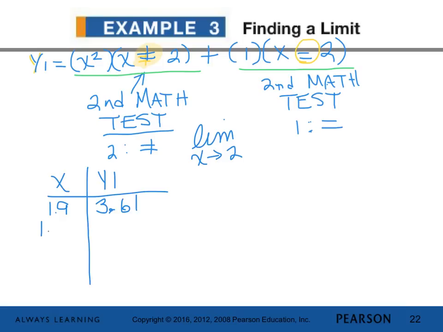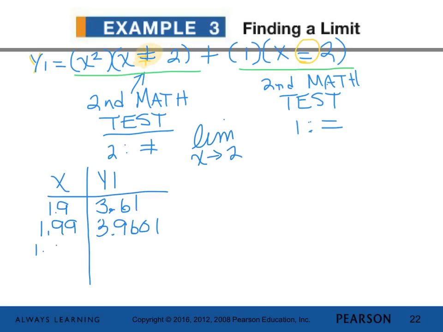And then we'll try 1.99. And when we press enter, the calculator says that, since it's following the rule x squared, because it's not equal to 2, that's going to be 3.9601.